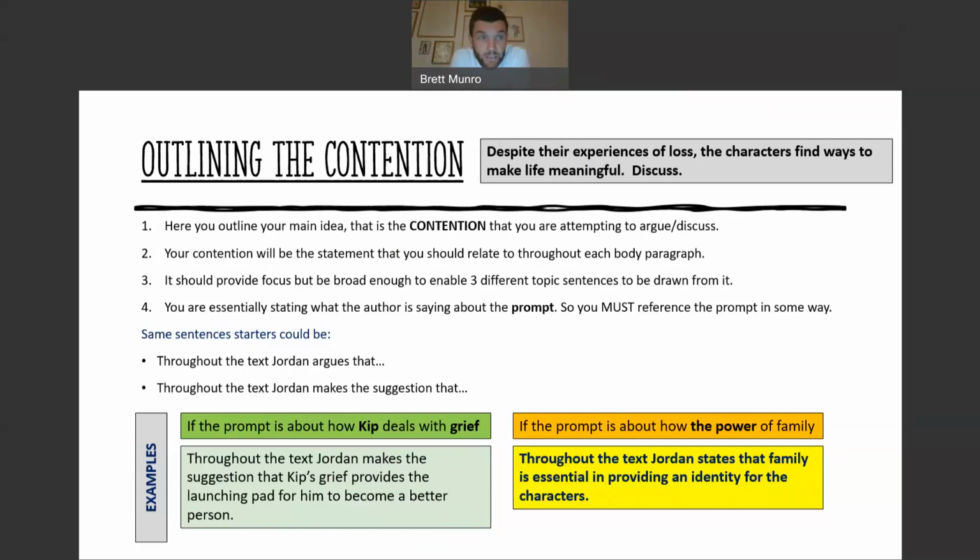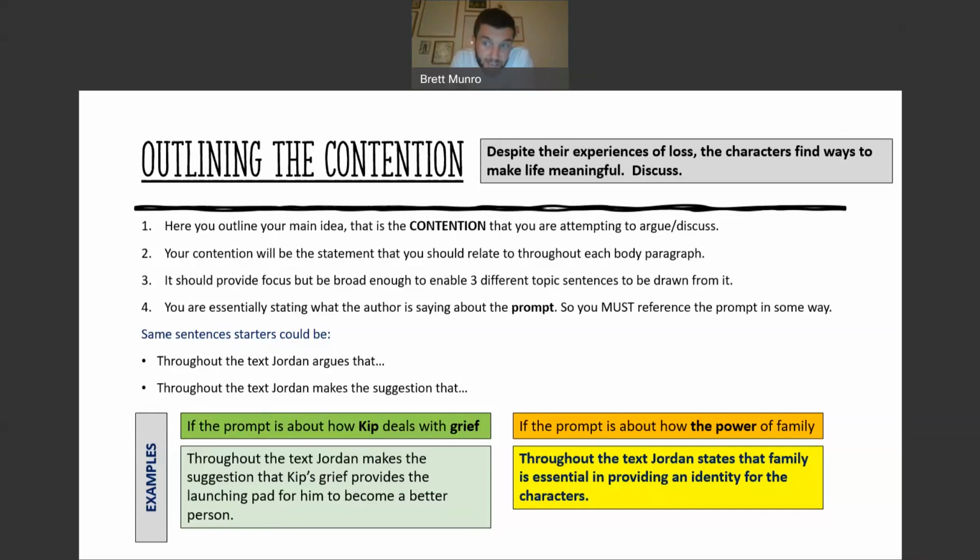So in your contention, you want to outline your main idea. This is essentially just the contention that you are attempting to argue or discuss. So contention just means your main idea, the idea that you're trying to argue or discuss in the entire essay. Your contention will be a statement that you should relate to throughout each body paragraph.